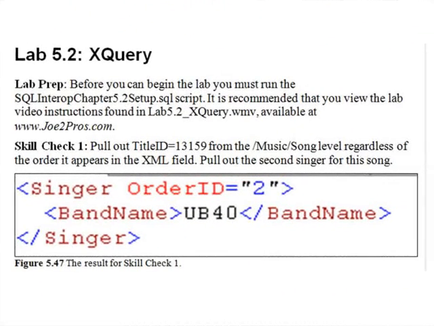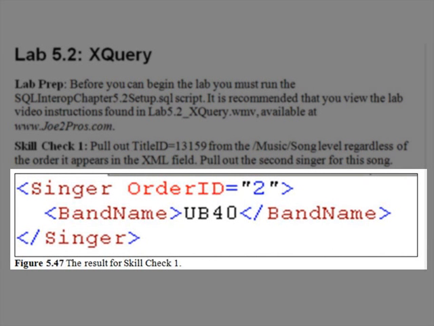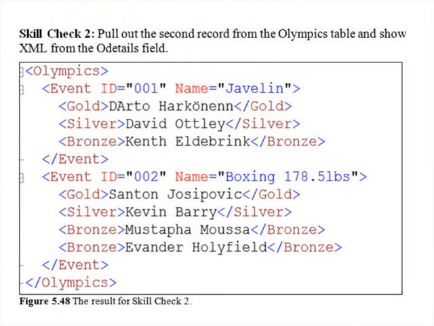Time for Lab 5.2, Skill Check 1. Pull out title ID of 13159 from the music song level regardless of the order it appears in the XML field. Pull out the second singer for this song. When you're done, your result should resemble the figure you see here. Skill Check 2.